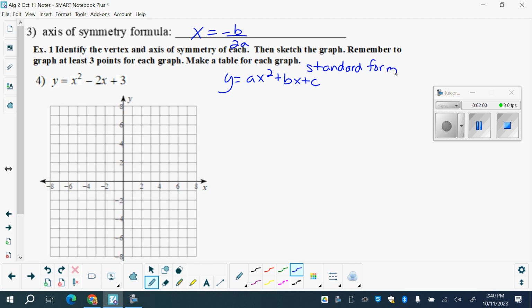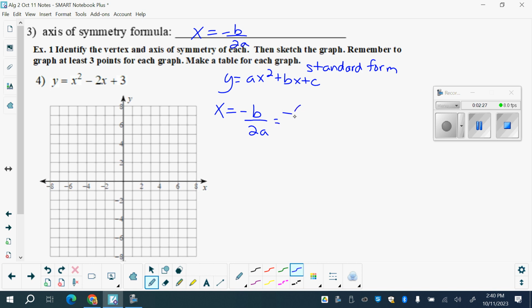So what's different, a standard form of a quadratic or a parabola, same thing, is that we have a y there instead of what? Instead of 0, okay? So we're using our a and our b from this equation here. So if we're using the formula x equals negative b over 2a, what's b? Negative 2.